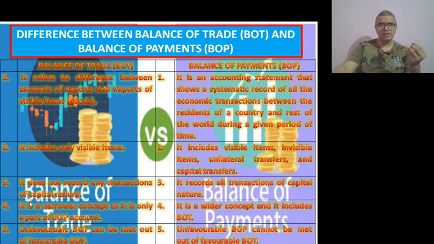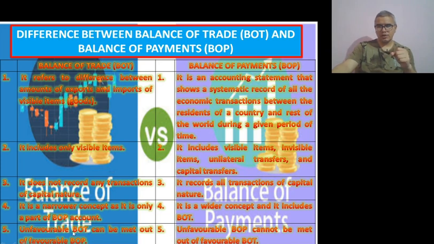So balance of trade is a narrower concept and balance of payments is a wider concept. Whenever there is a trade deficit or surplus, it can be covered by other components of the balance of payments. On the other hand, if there is disequilibrium in the balance of payments, it cannot be covered by changing the balance of trade.